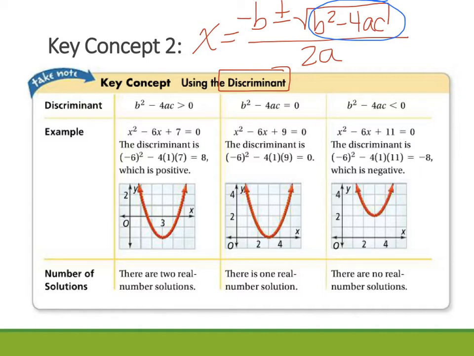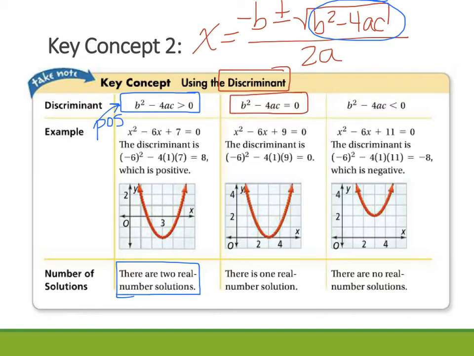And this chart can be a really big help to you as you're learning to use it to solve these problems. If you look at it, what it's saying is this. If the discriminant is positive, because greater than 0 means positive, that tells us that there are 2 real number solutions. If the discriminant is equal to 0, that is, it's neither positive nor negative, it is flat out 0, that tells us that there is 1 real number solution.